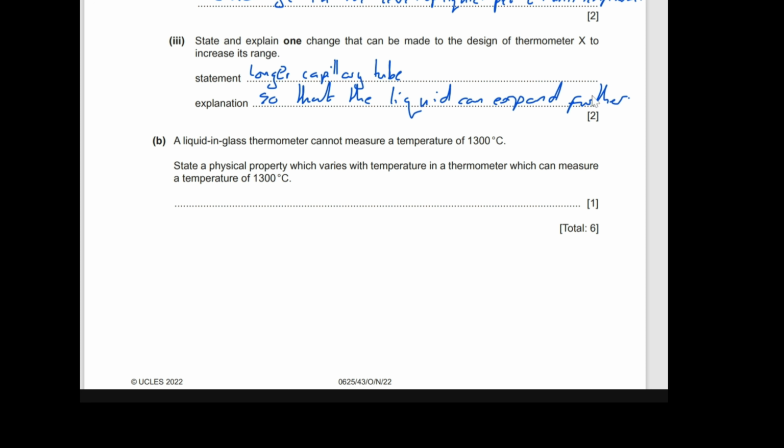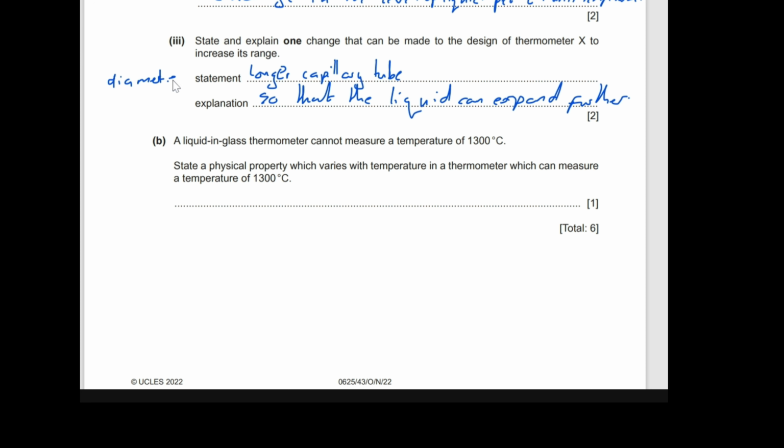Is there another reason? Yes, of course. You can talk of larger diameter. We can increase the diameter of the capillary tube.